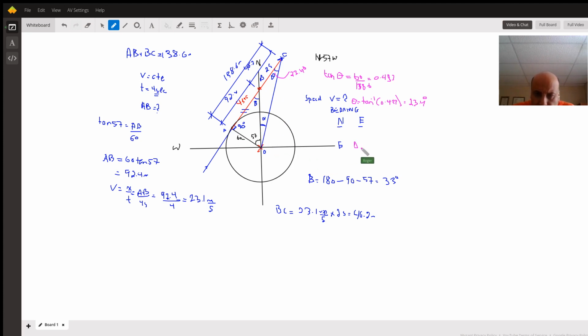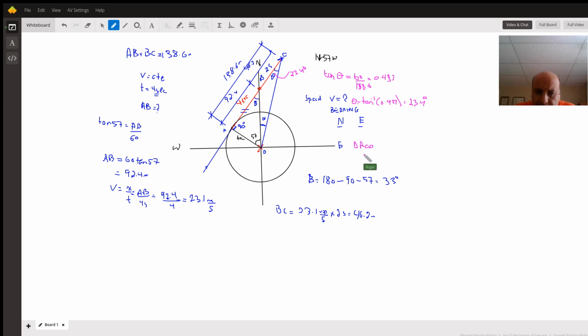So now look, in triangle ACO, it's a right angle at A. You know this angle, and you know this angle, and you know that the sum of the three angles is going to be 180, right?